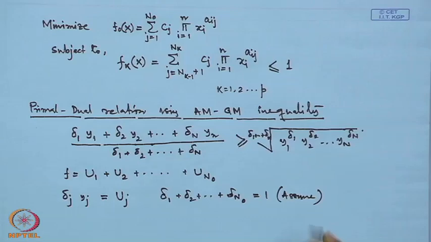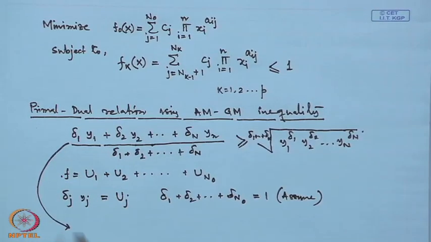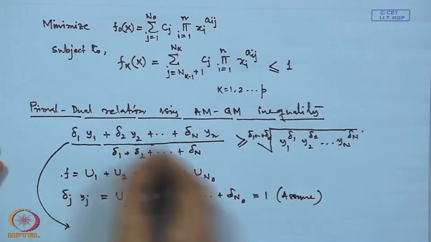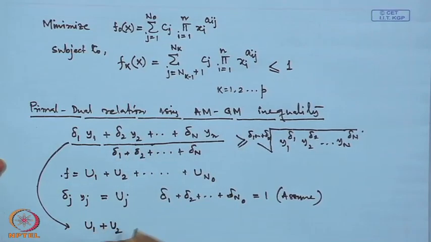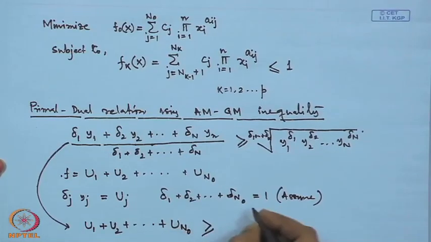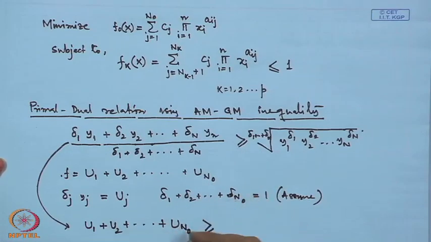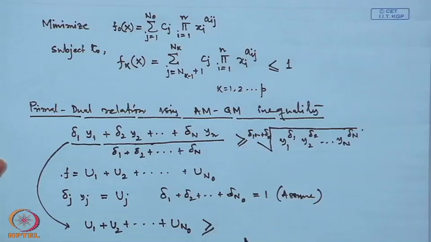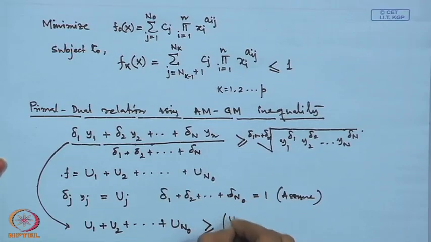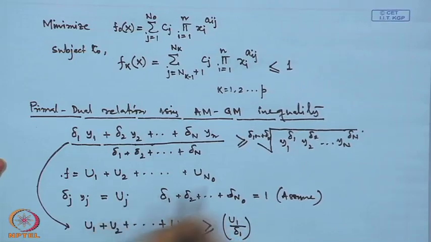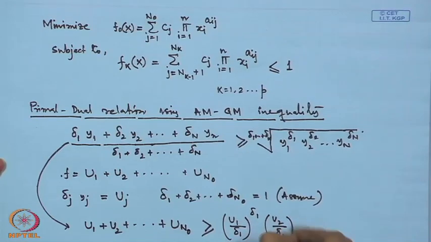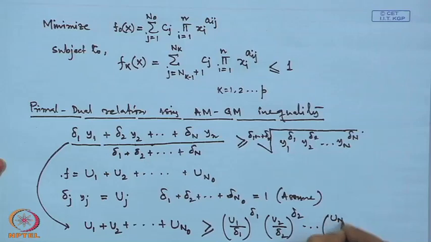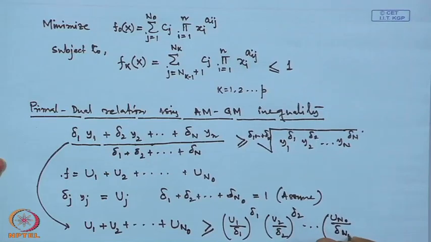Then the inequality can be converted into u1 plus u2 up to un0 greater than or equal to the product of (u1 by delta 1) to the power delta 1, (u2 by delta 2) to the power delta 2, like this, up to (un0 by delta n0) to the power delta n0.